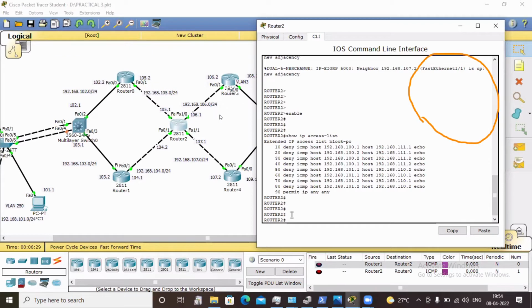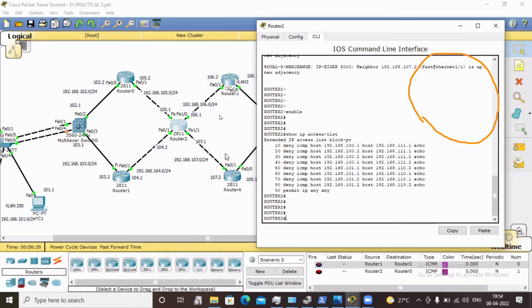Has anyone else identified the issue? Why is this machine still pinging the servers? Abhishek. Abhinay. Anjali. Anjali, are you there?